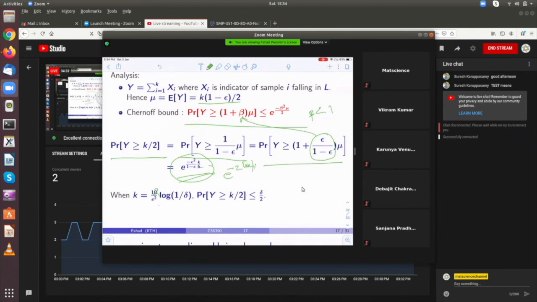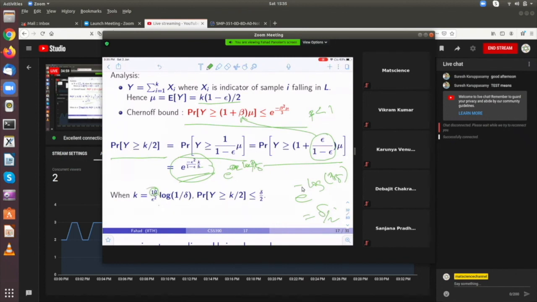log 1 by delta, or like, here 2 by delta, and then you just do simplification. So essentially what I want to say is e to the power minus log 1 by delta is equal to delta. Now, if you have a constant here, 2, then you will get 2. So you choose the constant in such a way that you get delta by 2.